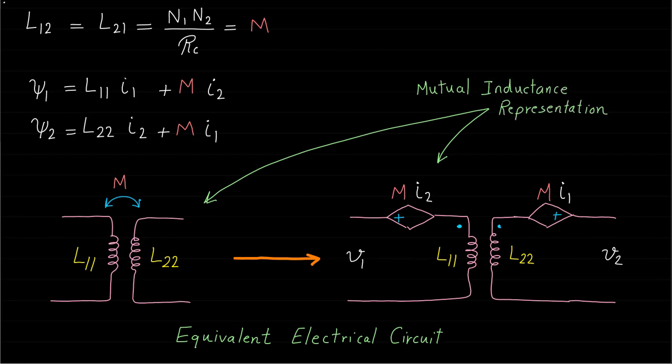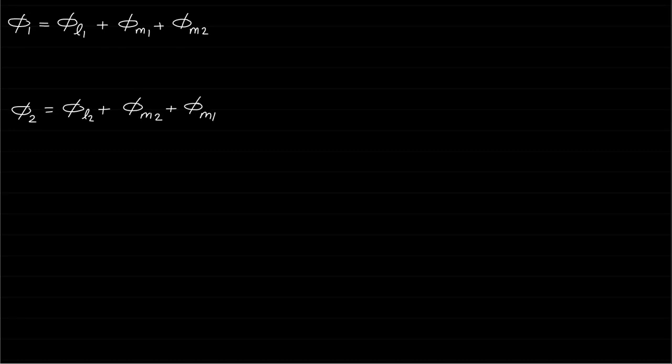It should be noted here that the equivalent electrical circuit of multiple coils can be represented another way. This can be achieved by modifying the magnetic field lines equations as follows.